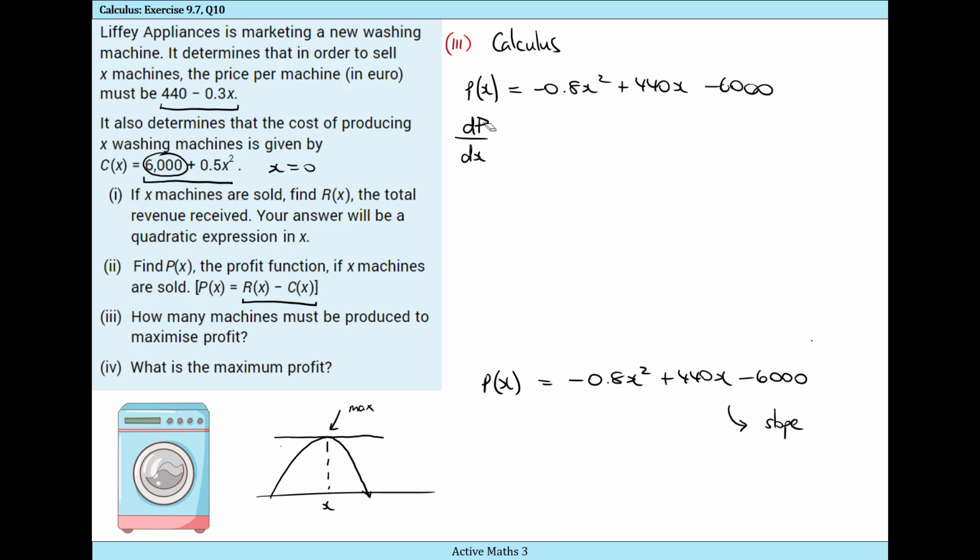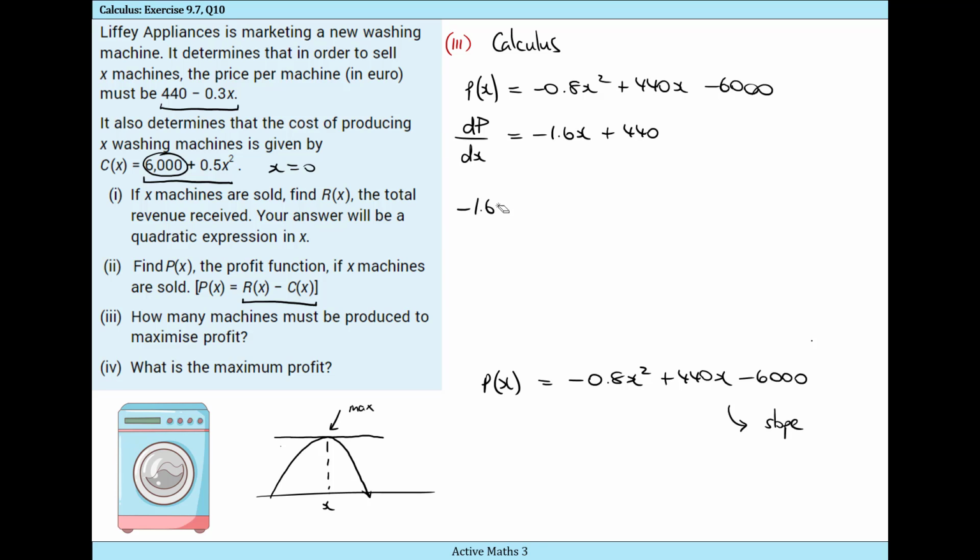We're differentiating the profit function with respect to x, the number of units sold. So we bring the power down the front, 2 multiplies by minus 0.8, so that's minus 1.6x. And 440x becomes 440, and constants become 0 when you differentiate them. So this is our rate of change, or our slope.